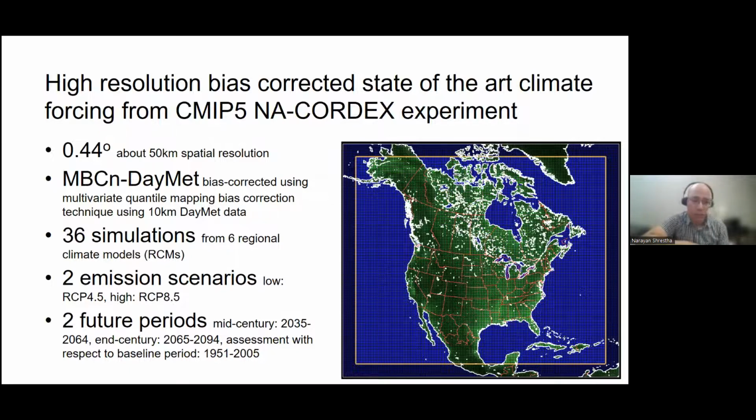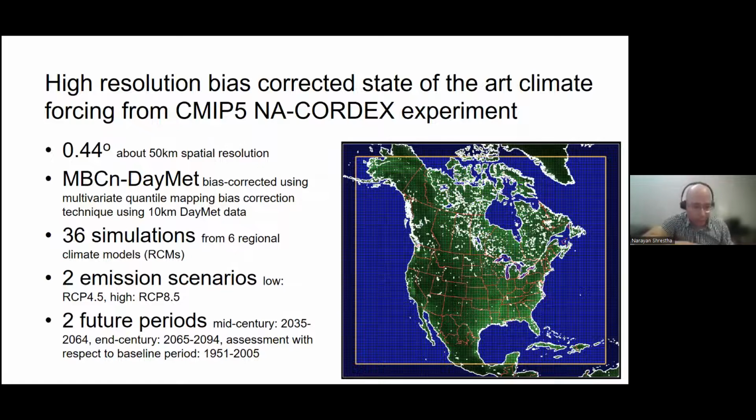You can refer to the paper from Cannon in 2018. This is using 10 kilometer gridded data. We use 36 simulations from 6 regional climate models, and as with most other studies, we considered 2 emission scenarios, RCP 4.5 and RCP 8.5.